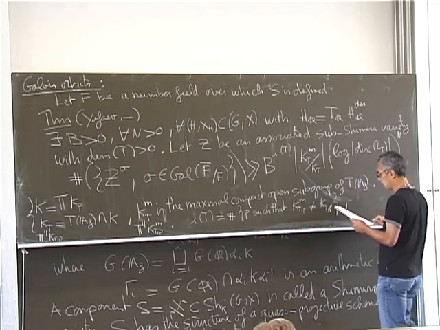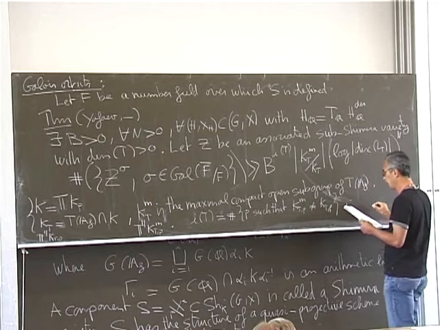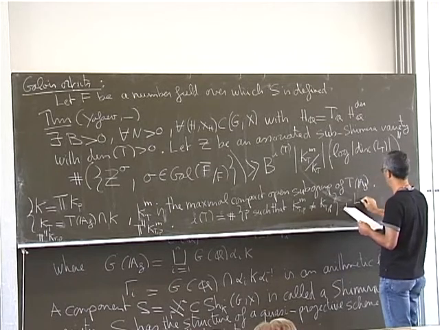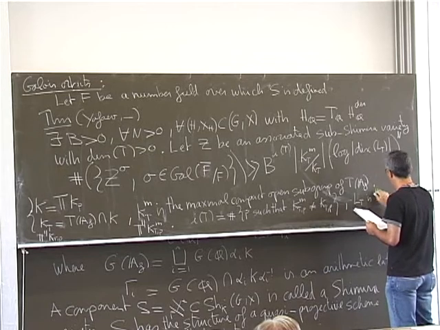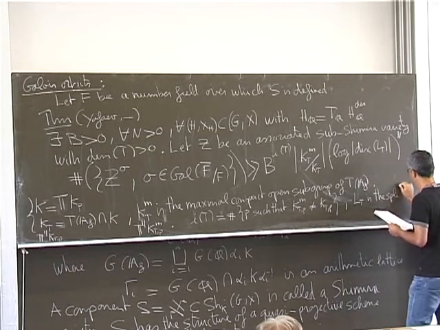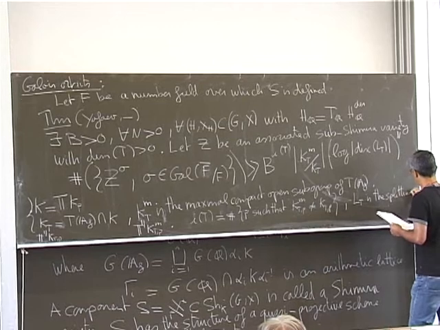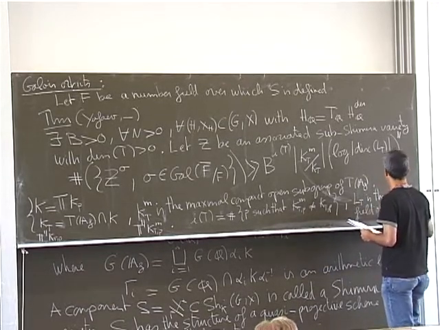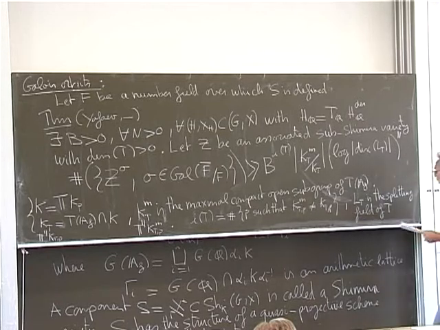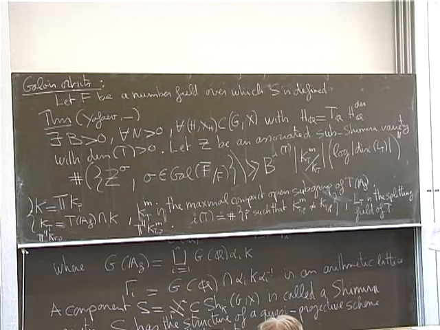And the last thing is L, or L_T, is the splitting field of T. Okay, so what does this formula mean? It means that you have two ways of having a big orbit.